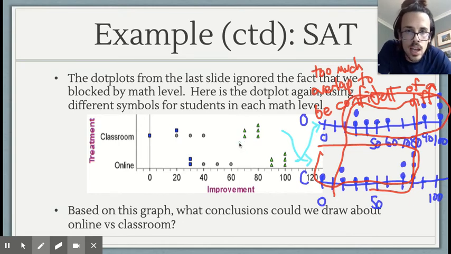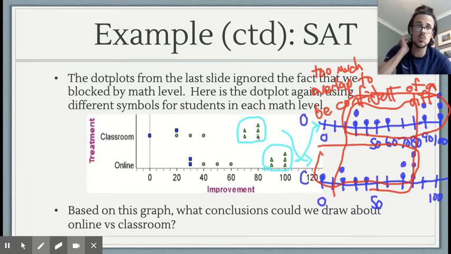So if I look, here are my pre-calc kids for in-class. Here are my pre-calc kids for online. No overlap between those groups. This group is all higher than all of these kids right here. If this was just random assignment here, it's very unlikely that every single kid would beat every single kid right here. So what that tells me is, man, that online class might have actually helped.